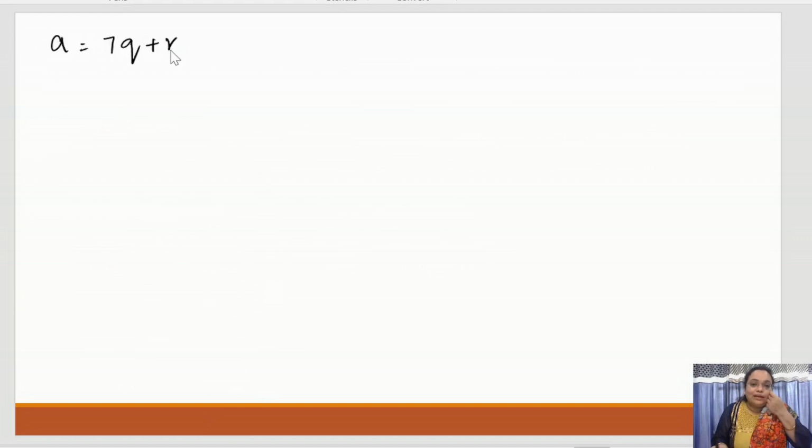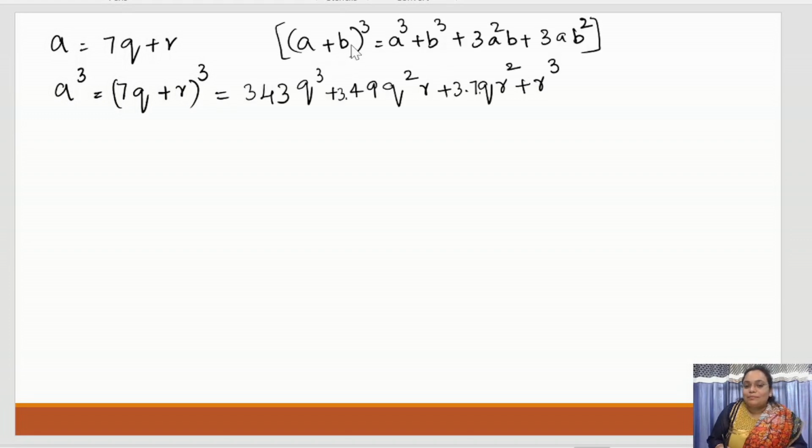Let us take the cube on both sides. You will get 7q plus r whole cube. So let us apply a plus b whole cube. What is a plus b whole cube? It is a cube plus b cube plus 3a square b plus 3ab square. So I have expanded it.